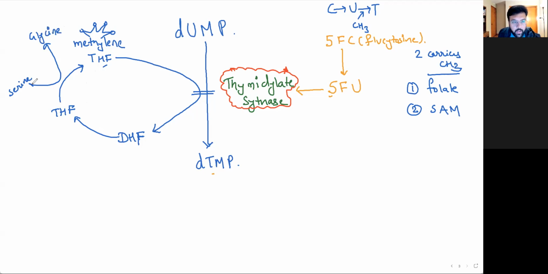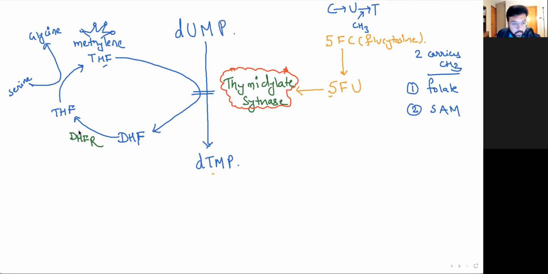So just write this down: dihydrofolate to tetrahydrofolate. We want to reduce dihydrofolate into tetrahydrofolate. What enzyme? DHF to THF. Dihydrofolate reductase. Very good.